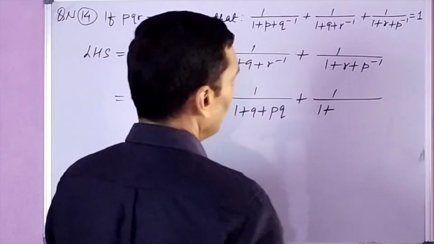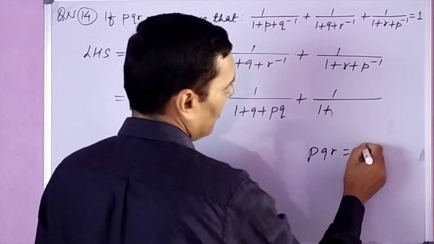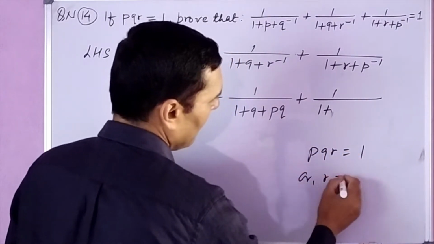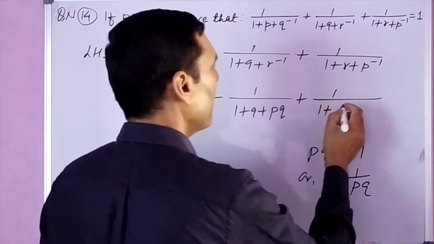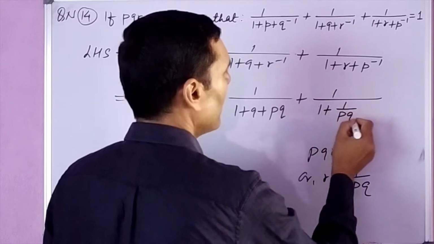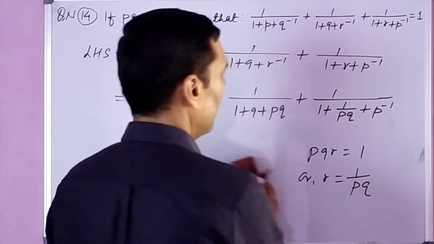Here in the third denominator also we have R. So PQR is equal to 1, or R is equal to 1 upon PQ. So R can be replaced by 1 upon PQ, and this P to the power minus 1 as it is.